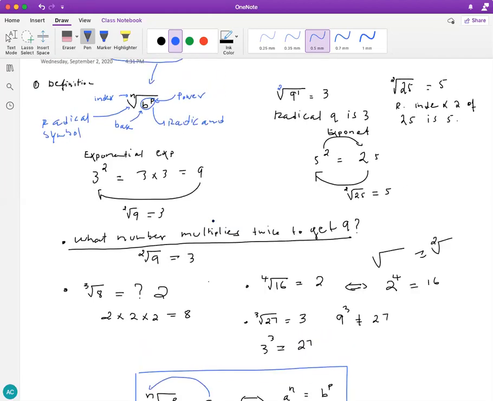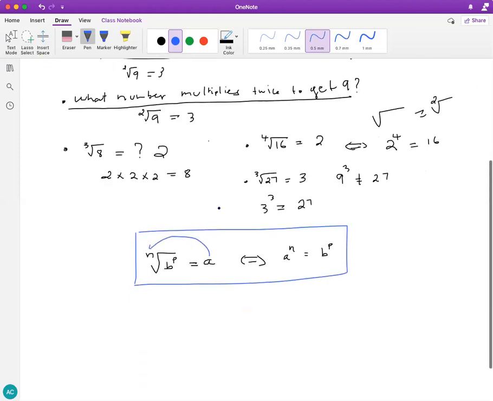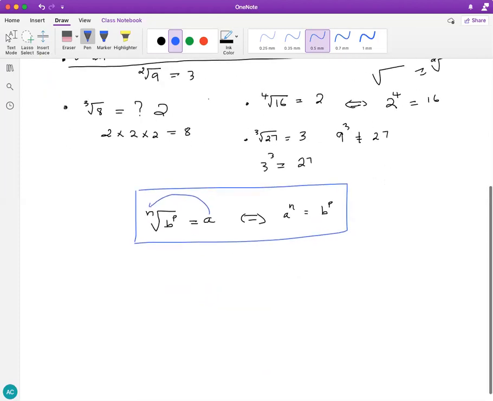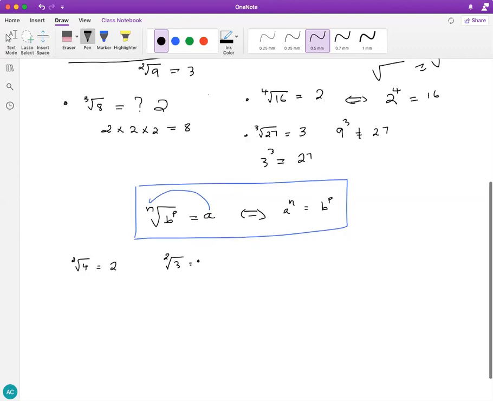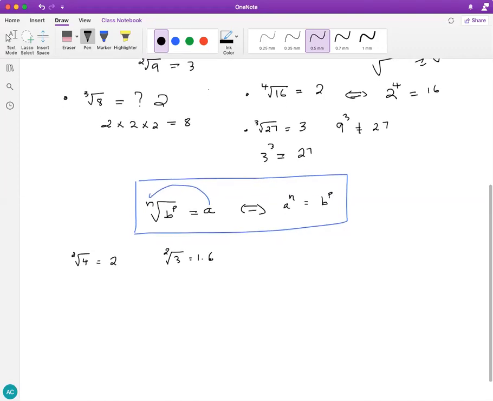Sometimes it's not a perfect root, just like with numbers. For example, the square root of 4 is 2, but the square root of 3 does exist, it's a decimal, so it's not a perfect root. I believe it's 1 point something, maybe 1.65 or so. So radicals are not always perfect, sometimes they are easy to see.